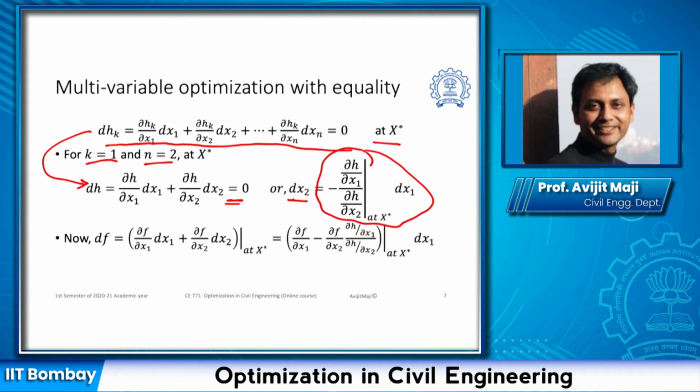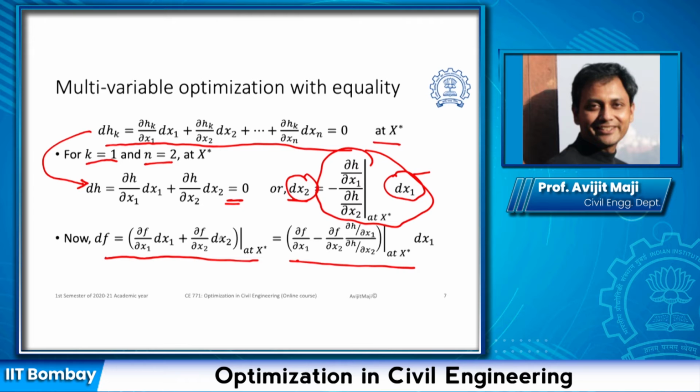Here you will see that this is independent and this is dependent, which means our x1 is independent and x2 is dependent. So if we replace this value in the first order derivative of the objective function, we can write the first order derivative of our objective function as this, where after replacing dx2 it is going to be of this.